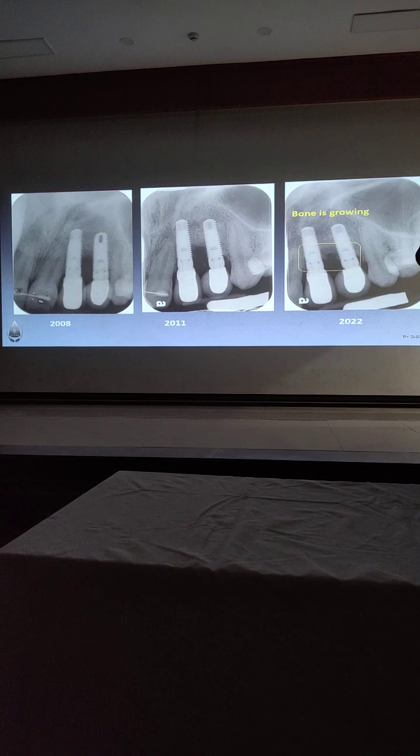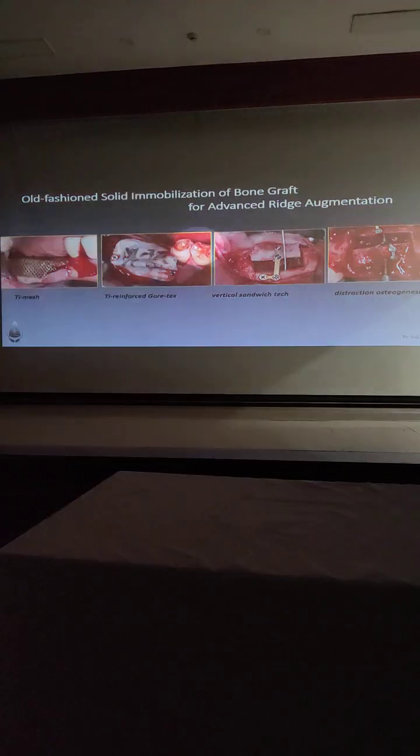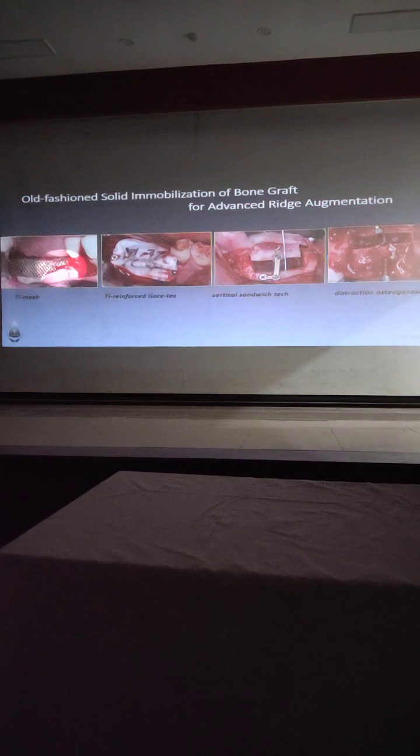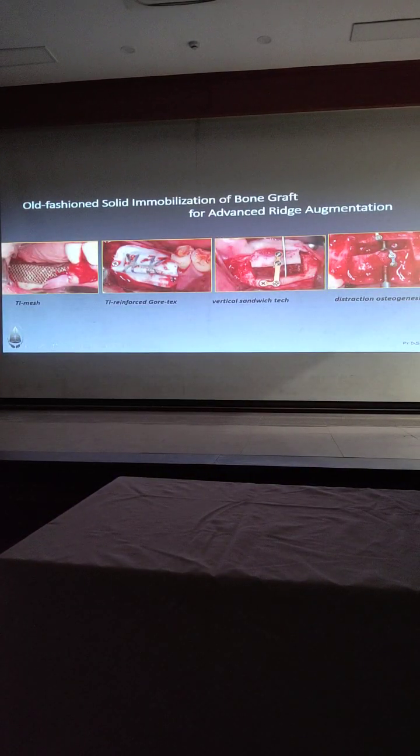In many cases, I can see the unpredictable results. So instead of using block bone technique, I had used onlay for the vertical or vertical sandwich augmentation, or sometimes I did distraction osteogenesis.